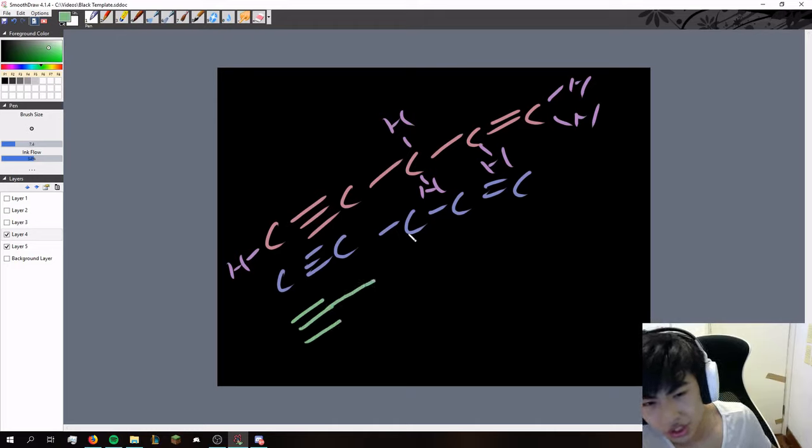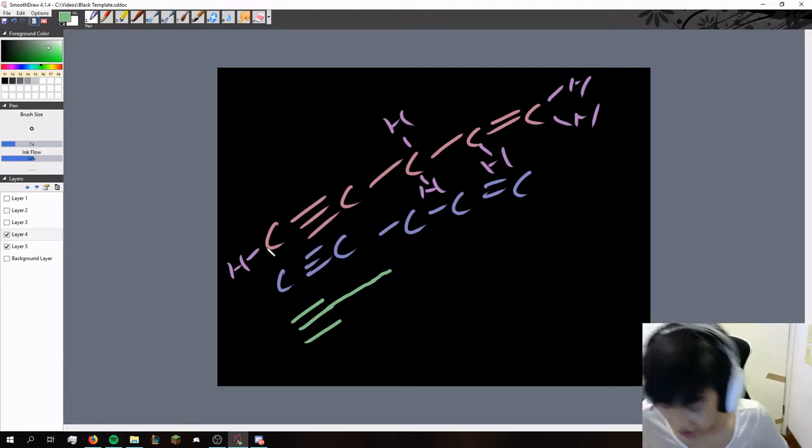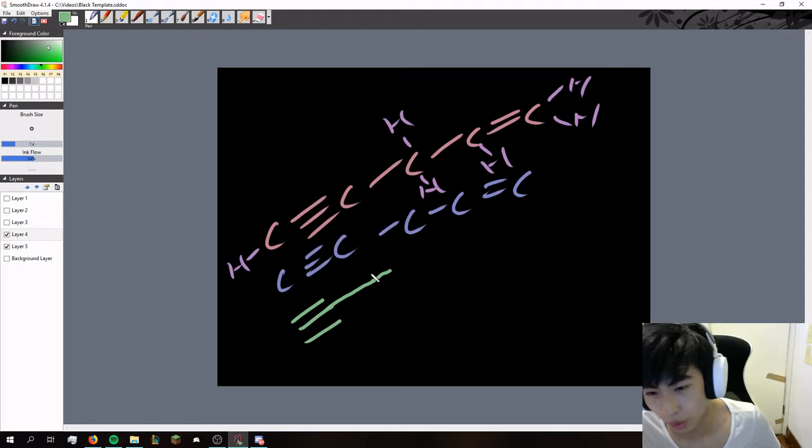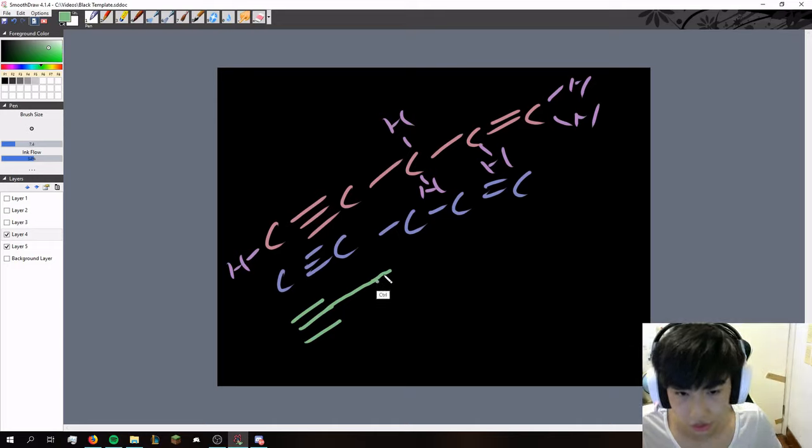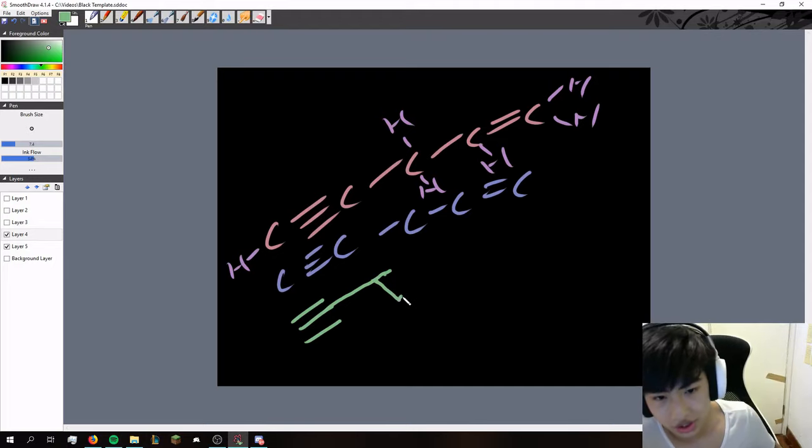But here we have 2 single bonds, so it once again wouldn't be very clear if we kept on drawing the straight line. It wouldn't be clear as to whether there was 1 carbon atom there or whether there were 2. So instead we draw it kinked downwards, and we end up with a final double bond. So instead we can tell that there are 1, 2, 3, 4, 5 carbon atoms in total.